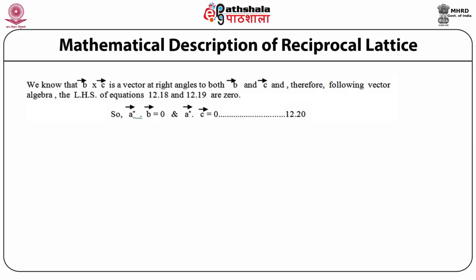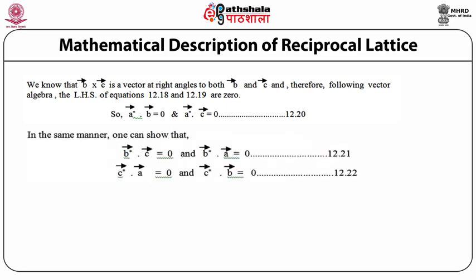We know that B vector cross C vector is a vector at right angles to both B vector and C vector, and therefore following vector algebra, the left-hand side of equations 12.18 and 12.19 are 0. So, A star vector dot B vector is equal to 0 and A star vector dot C vector is equal to 0, which is referred as equation 12.20.